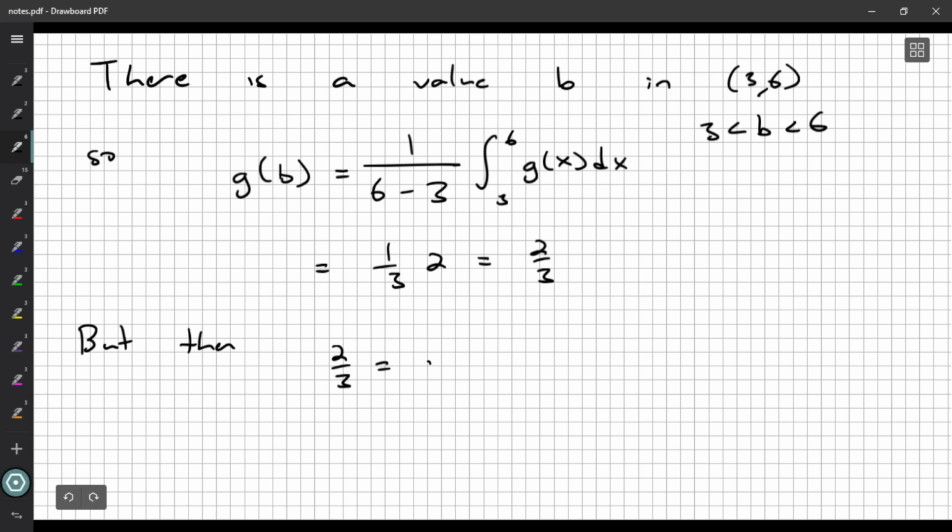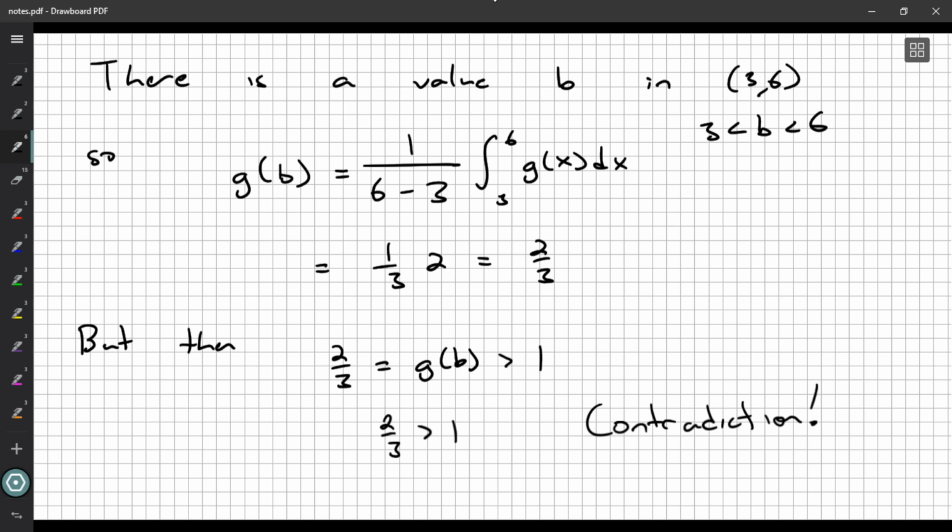So 2/3 is g at b, but we also know that all values of g need to be greater than 1, not less than 1. So 2/3 is greater than 1? I don't think so. Contradiction. This is an impossible statement.